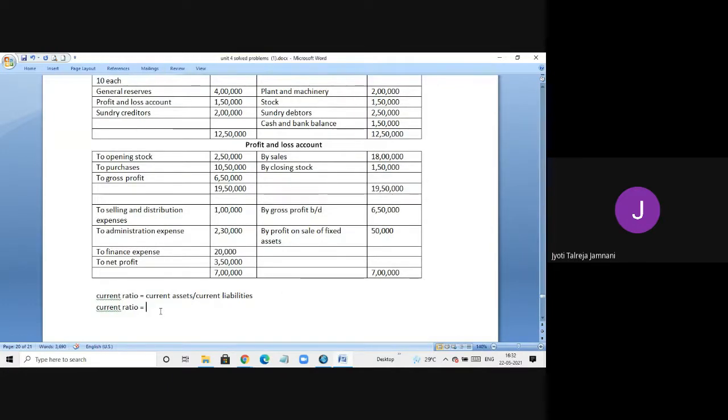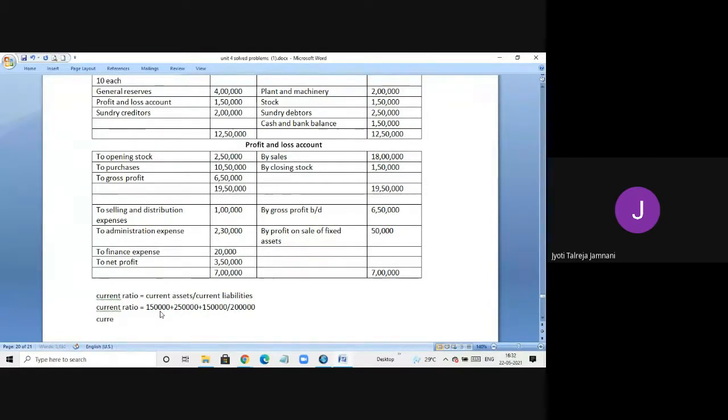So all the three, 1,50,000 is the stock, 2,50,000 is the debtors, plus 1,50,000 is the cash and bank balance, divided by the current liabilities. There's only one current liability, that is creditors, so that is 2 lakh rupees.